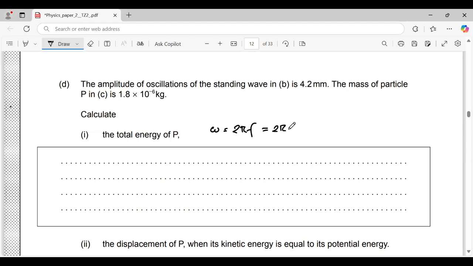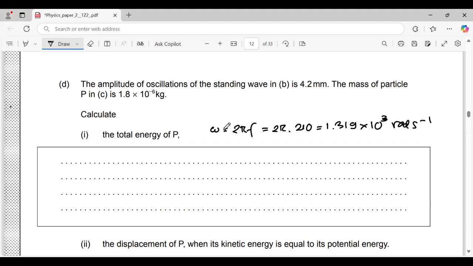So 2 pi times 210, and the result is 1.319 times 10 cubed radians per second. That is omega.